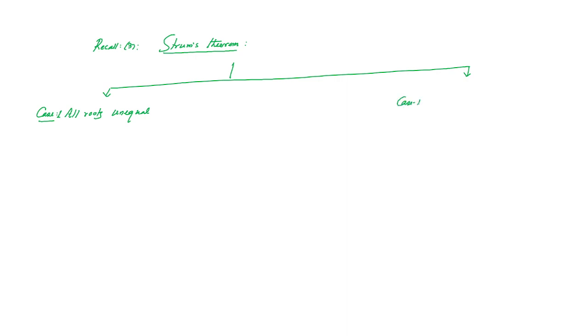In this theorem, you will see two important parts. So here the first case is all roots unequal. This is case 1. And case 2 is the equal roots.